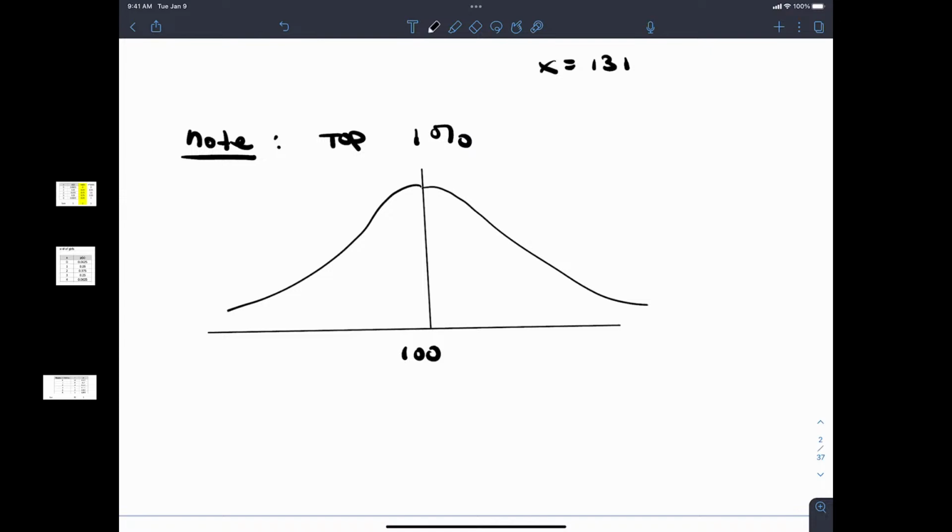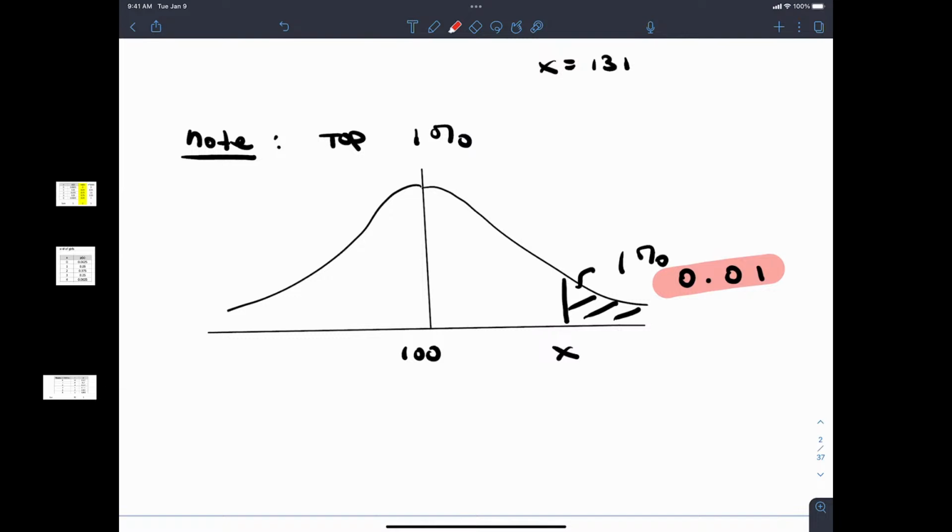Like before with the box plot. Remember I gave you guys that language? One of the reasons I gave you that language is because of what we're doing here. You want an IQ score to be in the top what? 1%. 1% is 0.01. Okay, you guys okay with that?